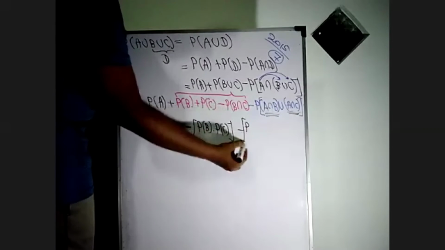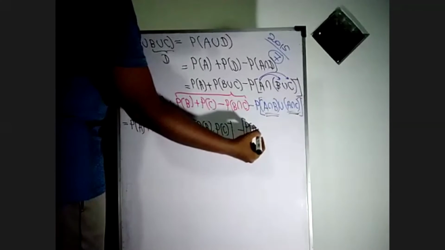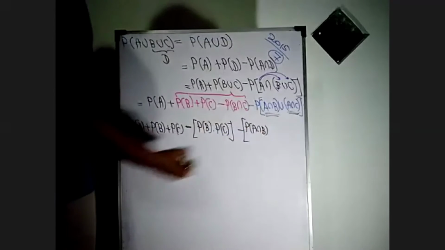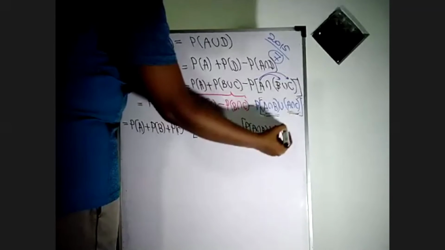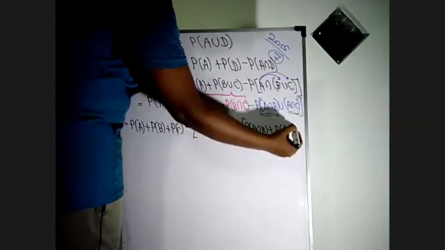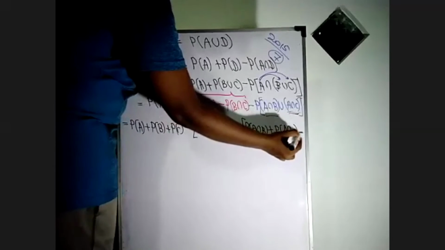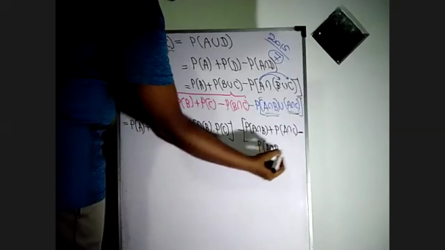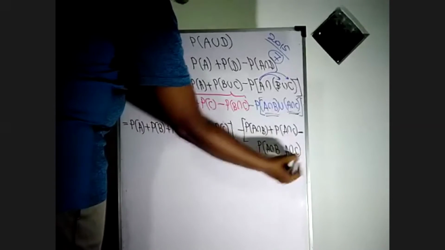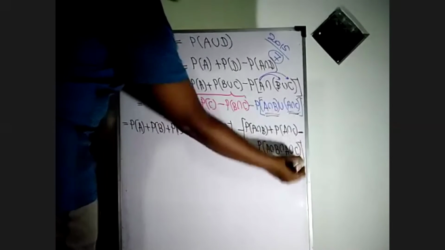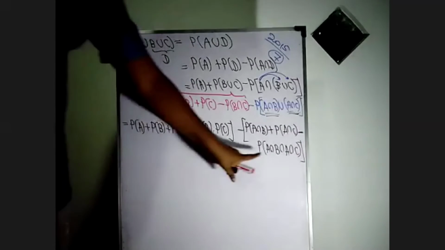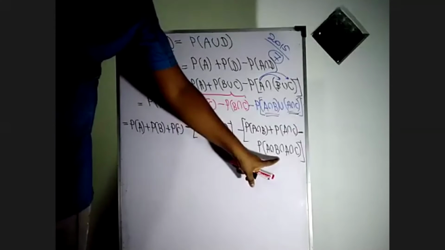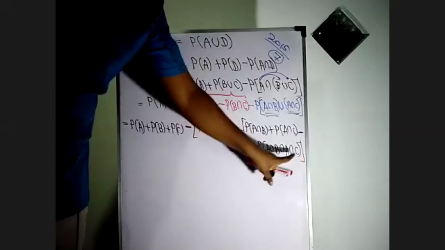Then it is probability of first event plus probability of the second event, minus probability of their intersection. So here we have intersections everywhere. A intersect B, first event, A intersect C, second event, and also in between another intersection.